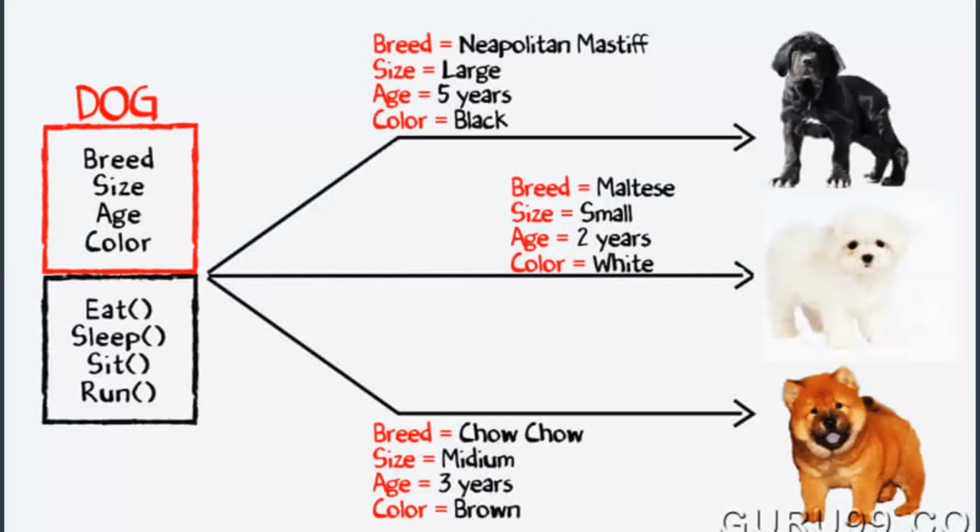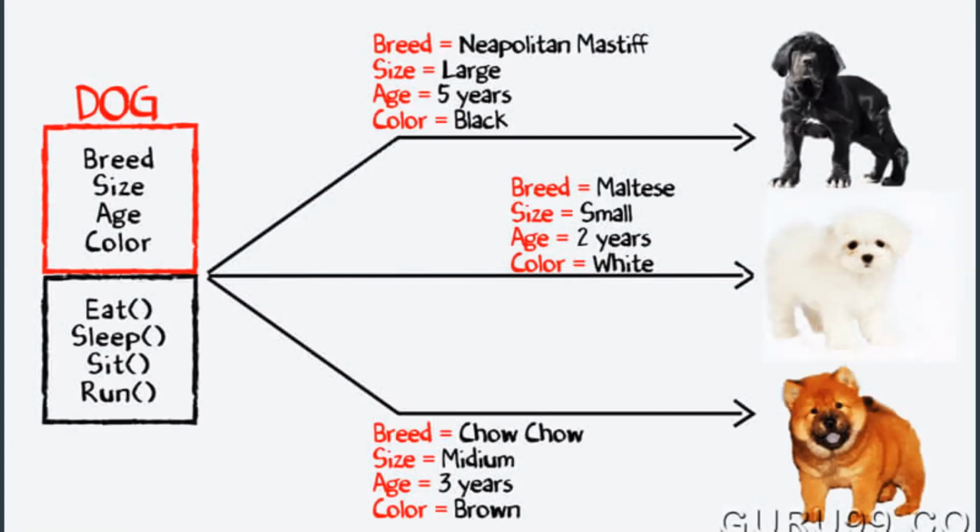If we were to make objects out of these, then we essentially assign those. The way you create a new object is with a line that we use: dog equals new dog. So the type, then the name of your object, equals new dog.